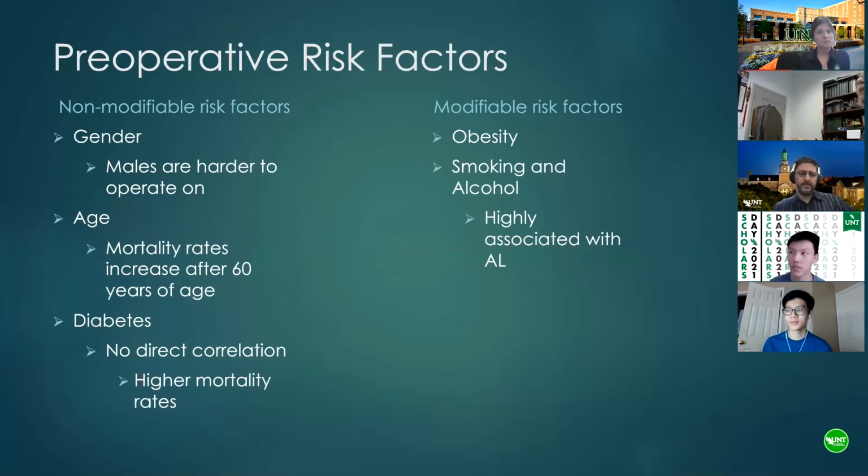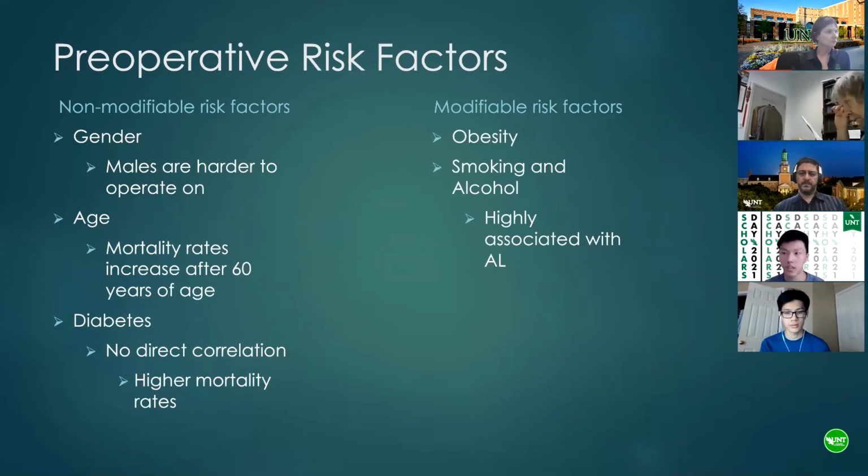So preoperative risk factors. These are risk factors that are considered prior to the surgery itself. These are divided into two types, non-modifiable and modifiable risk factors. So for the non-modifiable risk factors, there are factors such as gender, age, and diabetes. So for example, generally males are harder to operate on due to the narrower abdomens that we have.